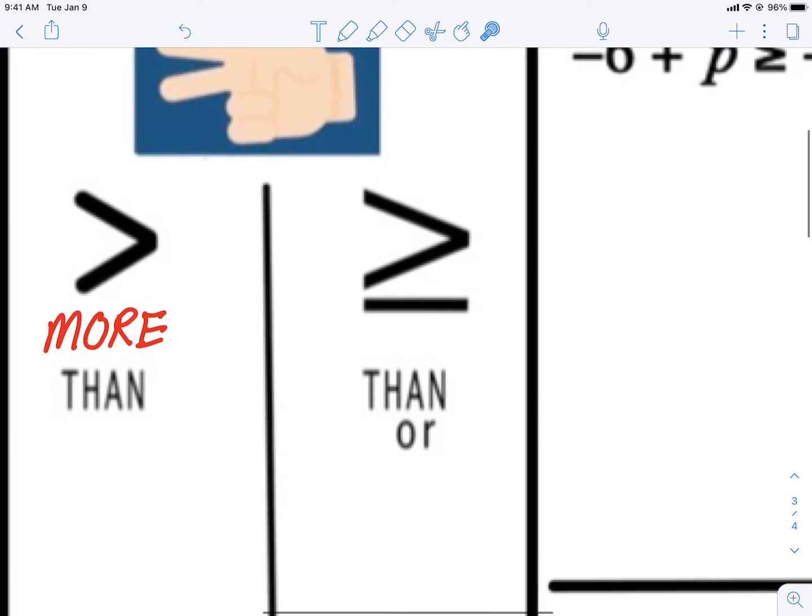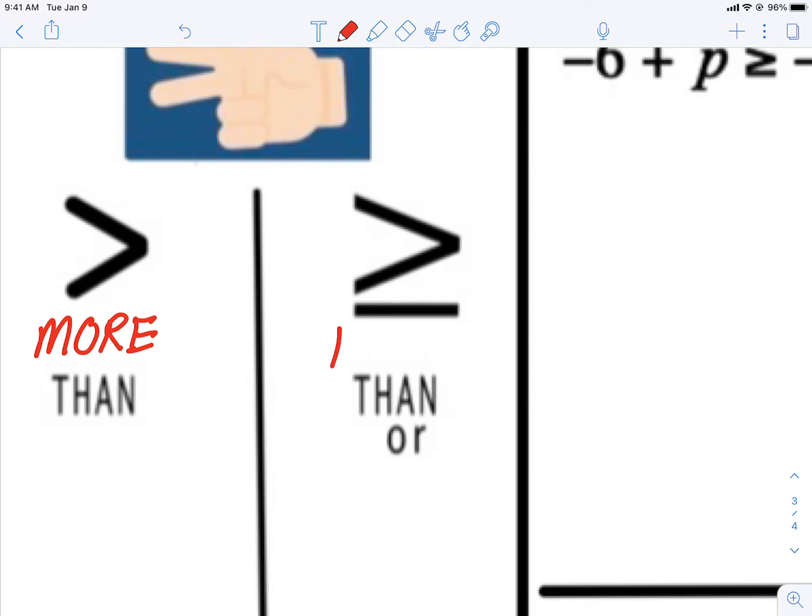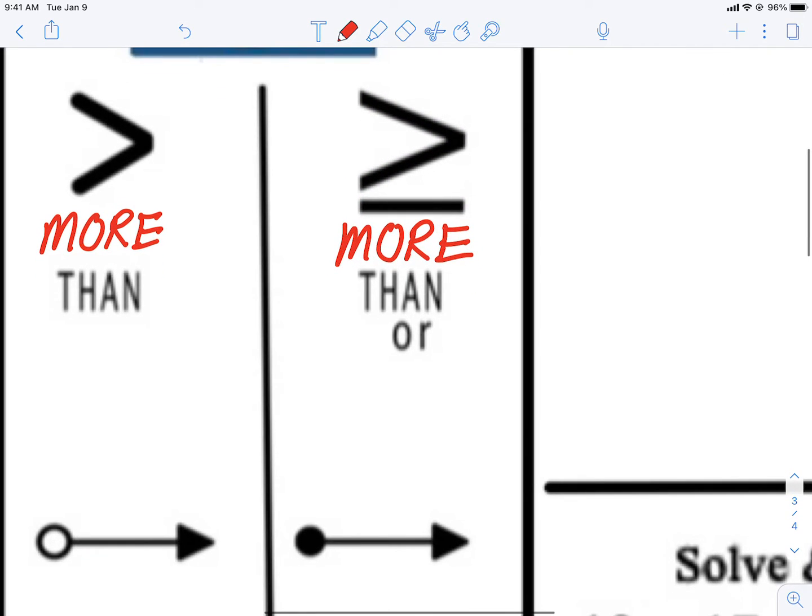So this one here is also more than, but just like the other one, this one not only has an arrow, but it has a little line under it, which is half an equal. So this is more than or equal to. More than or equal to.